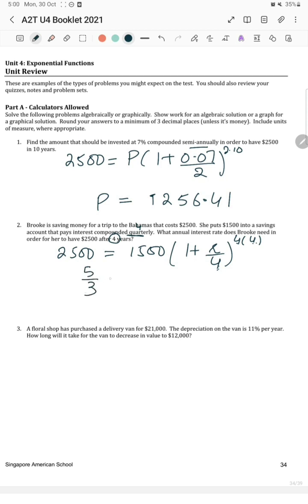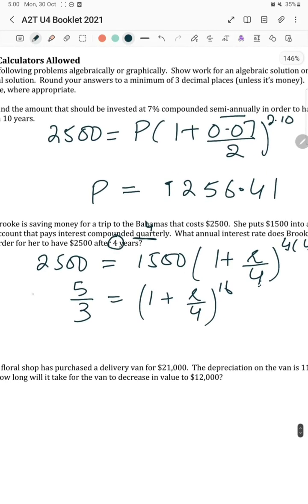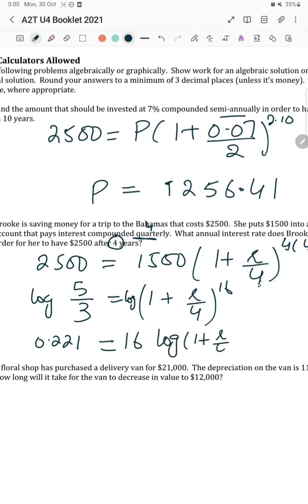So after solving this, I will get 5 by 3, which is equal to 1 plus R by 4 to the power 16, and now we will take log on both sides. So it's going to be log 5 by 3, 0.221, which is equal to 16 log (1 plus r by 4).